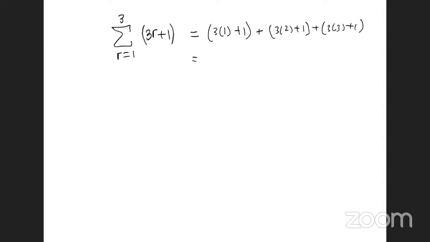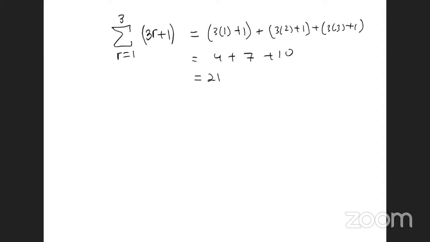So that'll give you 3 plus 1 is 4, 6 plus 1 is 7, 9 plus 1 is 10. So that'll give you 21.